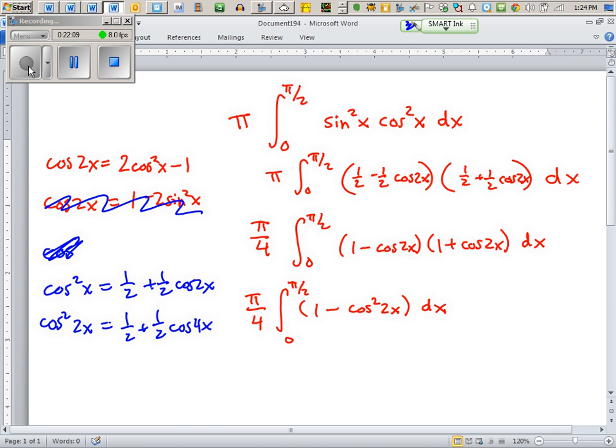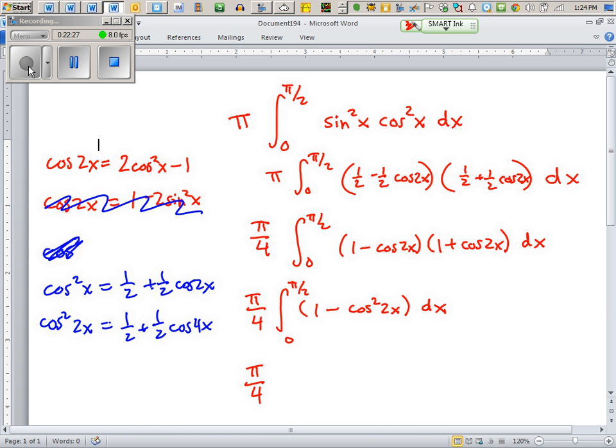Just by analogy alone. There's no reason why we couldn't change x to 2x and write this identity this way. Okay, so I'm going to replace this only with that. And then we'll be ready to integrate it. It'll be easy.